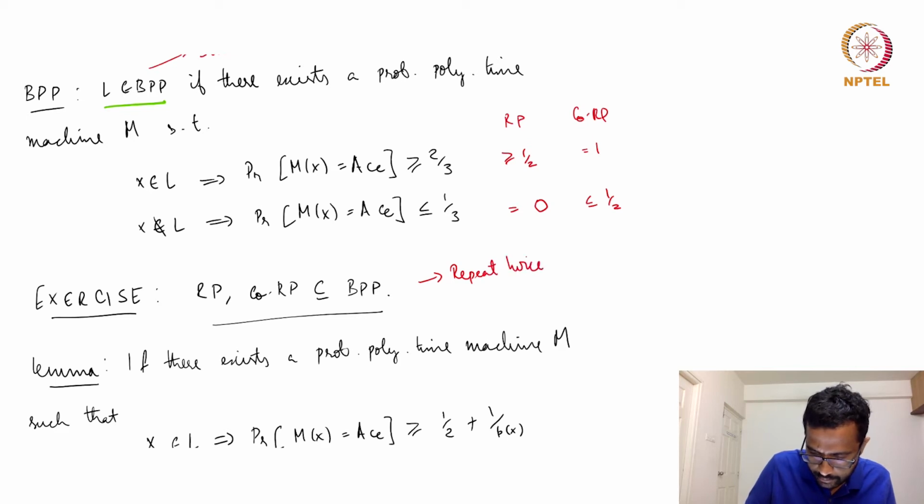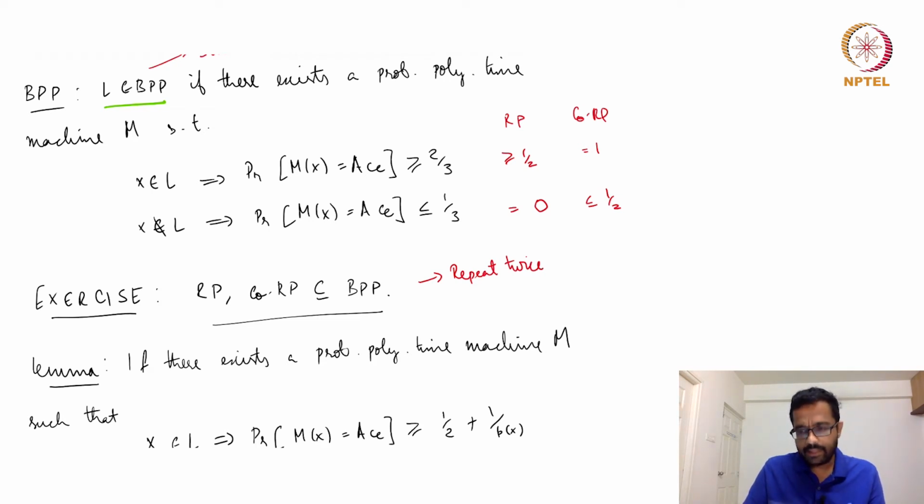What would be the error for an RP when you repeat it 2 times? The error here is at most half, but the error will go down to 1/4 because both the trials have to be incorrect. So this half will become 3/4, which is bigger than 2/3.